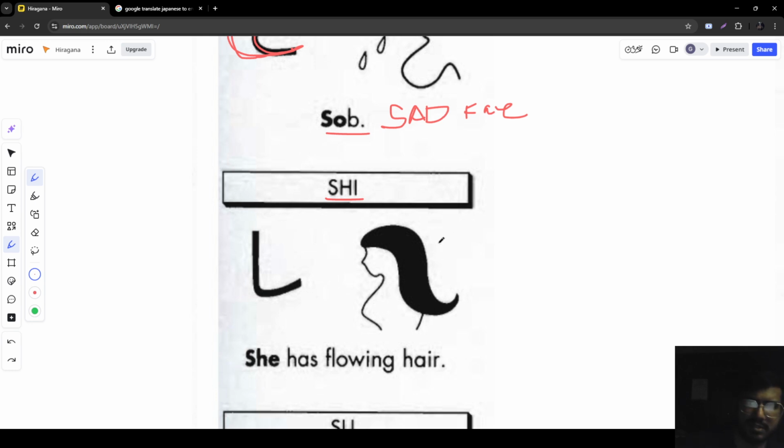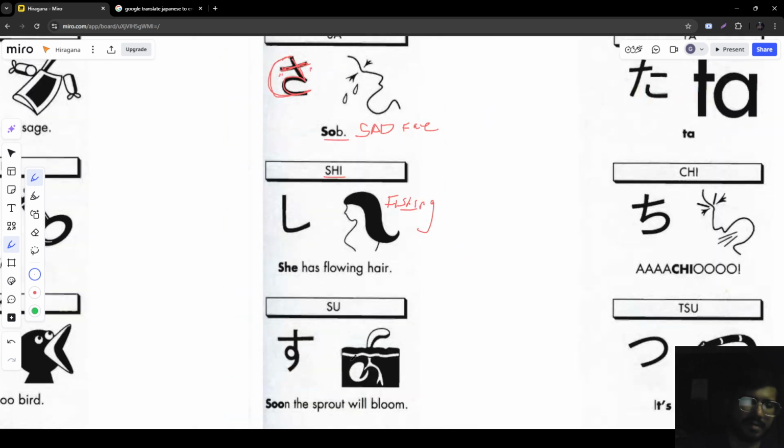So fishy she, fishing, she fishing. So this is a fishing hook. Or if you want to remember it as this she, that way also you can remember it.